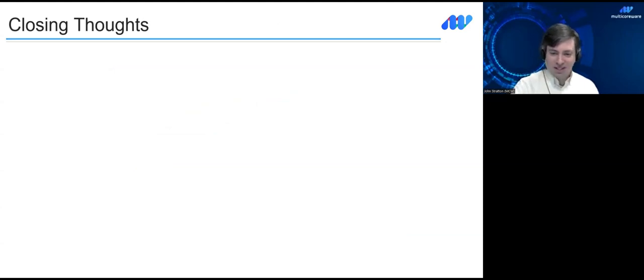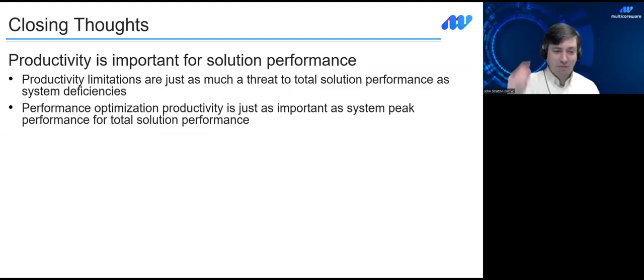So some closing thoughts to wrap up in general. One, productivity is important for solution performance overall. The main thing I want to convey is to remind everyone and remind all of us, because we often don't think about it, but productivity limitations in a system are just as much of a threat to total solution performance as system deficiencies.